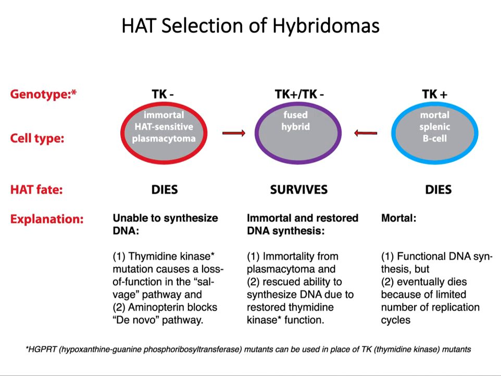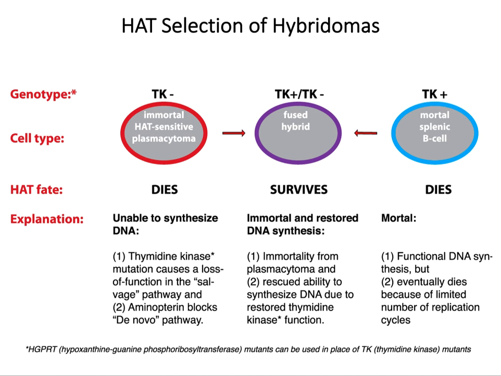Hypoxanthine aminopterin thymidine media, or HAT medium, is a selection media for mammalian cell culture, and let's elaborate on that. It relies on the combination of aminopterin, a drug that acts as a powerful folate metabolism inhibitor by inhibiting the enzyme dihydrofolate reductase, with hypoxanthine, a purine derivative, and thymidine, a deoxynucleoside, which is a precursor of deoxynucleotide, the building block of DNA, which are intermediates in DNA synthesis.